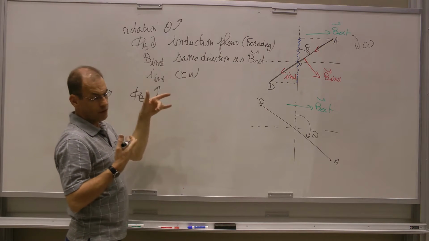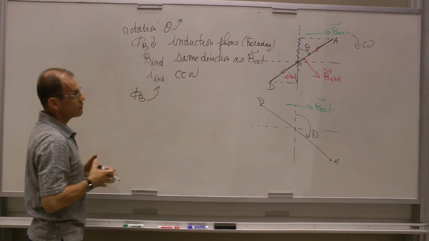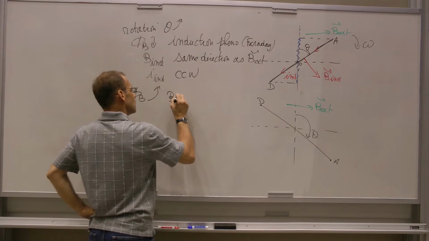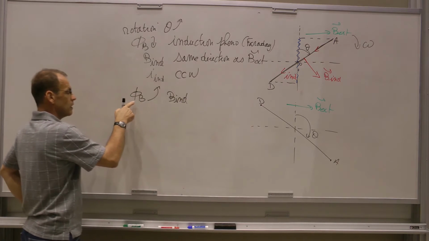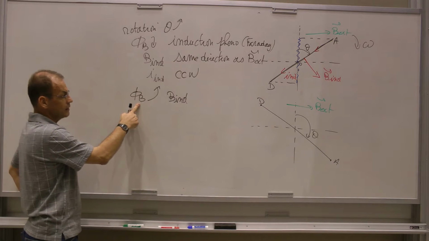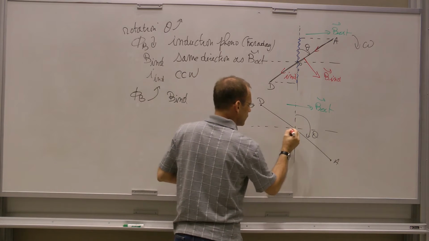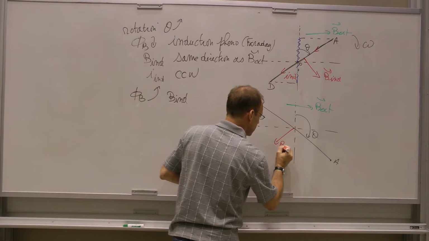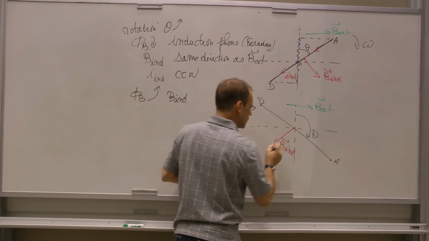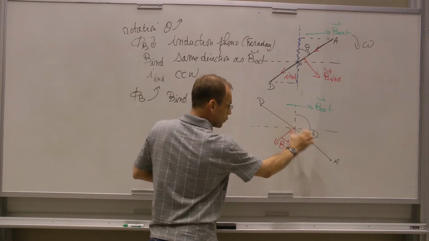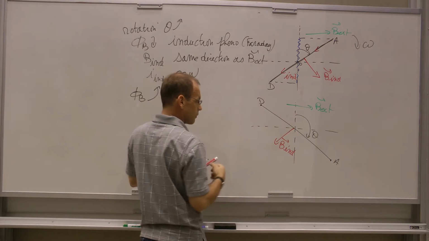Change in magnetic flux, Faraday's law tells us that we have induction phenomena in such a way that the B induced now is opposing the increase in magnetic flux. So we must have a B induced whose general direction is opposing the B external. I must have a B induced pointing in this direction. If I have a B induced pointing in this direction, that requires a current going from A to D. Look at it from the right hand.